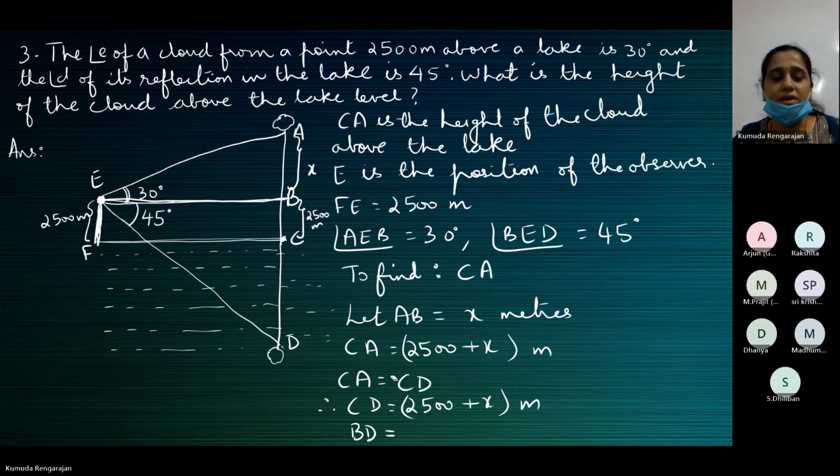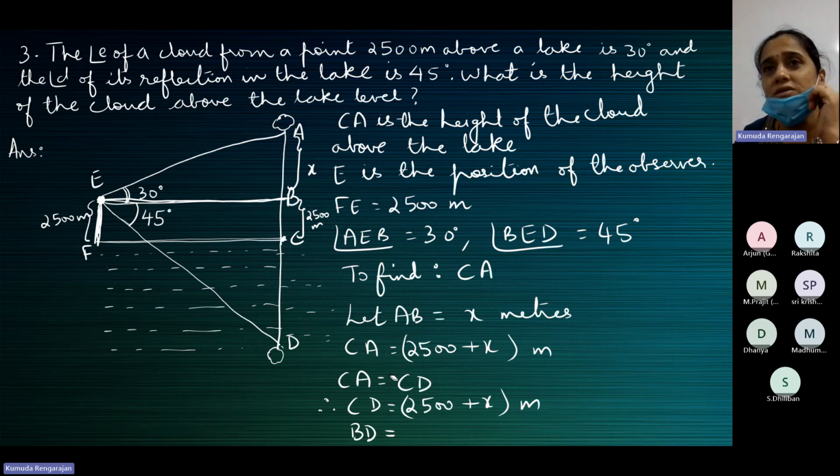Now look at the board. What's your name? Sri Ranjan. BC is how much? Louder. AB is X. How much is AC? Look at the board and tell me. 2500 plus X. Okay, now AC is equal to what?